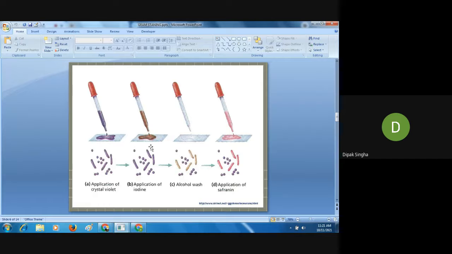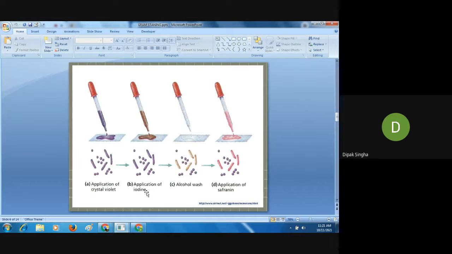Why is iodine added? Because of complex formation with the crystal violet. Iodine has many different functions in pharmacy, but here it is used in a different way, not as an anti-infective agent. It is used to form a complex with the peptidoglycan plus crystal violet.